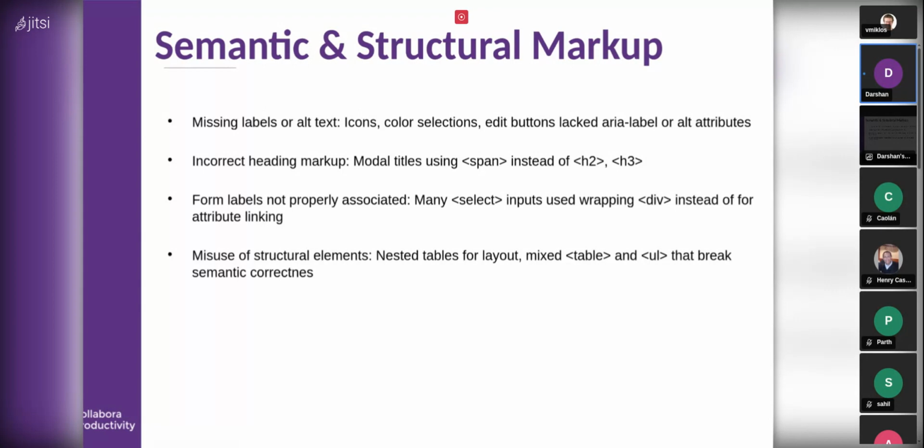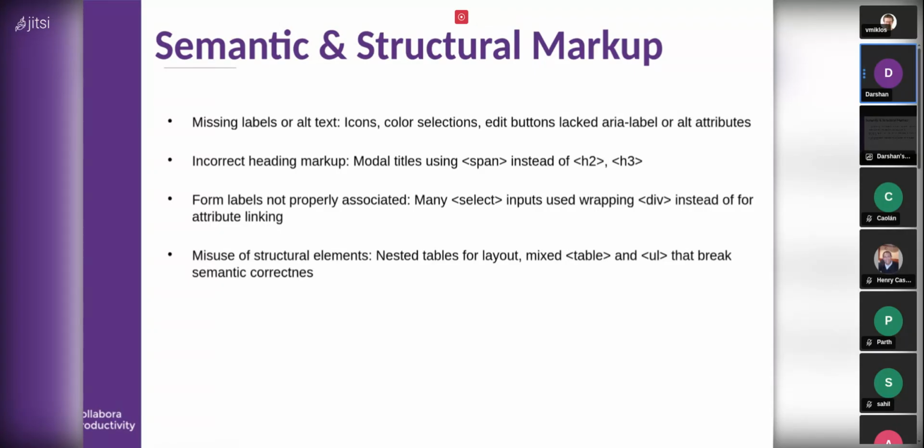Think, for example, of an icon-only button. If it doesn't have an aria-label or any alt attribute, a screen reader just says "button", leaving the user guessing its function. This is very common for icons, color selectors and even edit buttons.